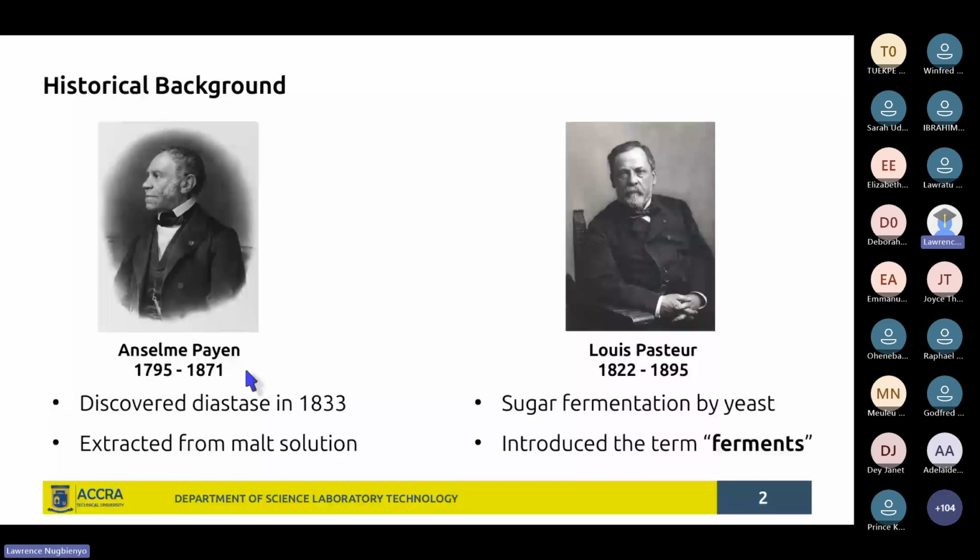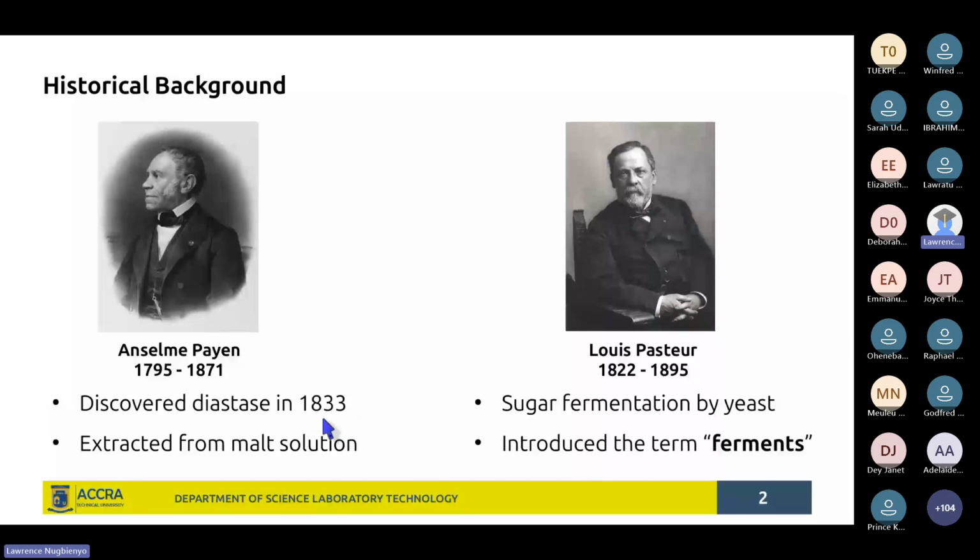The mechanism by which this occurs wasn't well known until a French chemist discovered what is referred to as diastase, working with some colleagues in a sugar factory. They discovered the enzyme diastase that was extracted from malt solution.